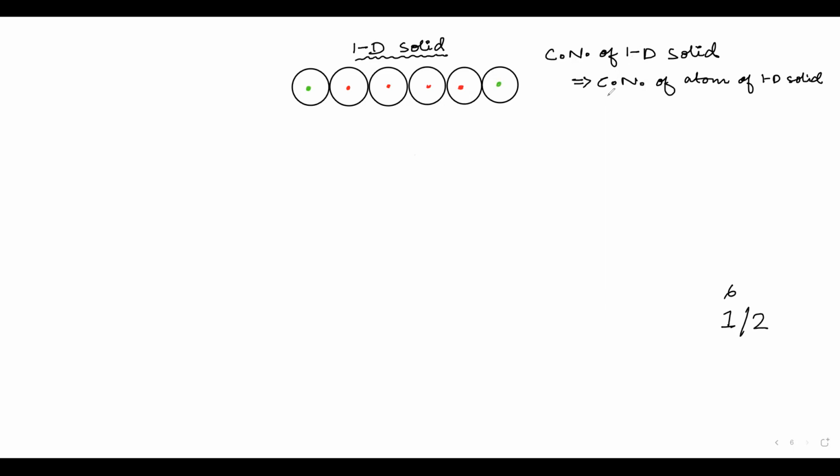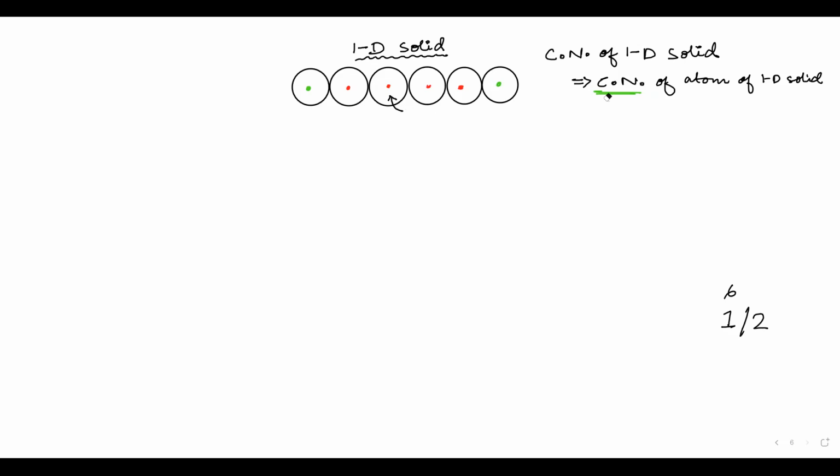But always remember, when coordination number is written, implicitly it means that if it is coordination number of an atom in a 1D solid, they are talking about an atom whose environment is completely made. So choose the most middle, the center one. No atoms can come in any way if it has to maintain a 1D solid. Now if I talk about this end atom, one atom can come here, so its environment is not completely made. Whose environment is completely made?